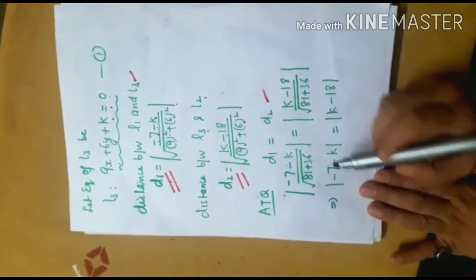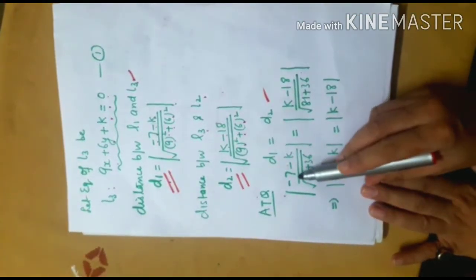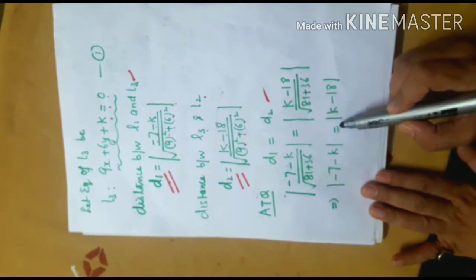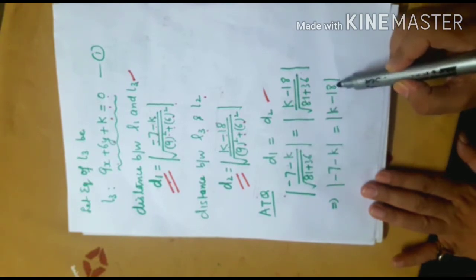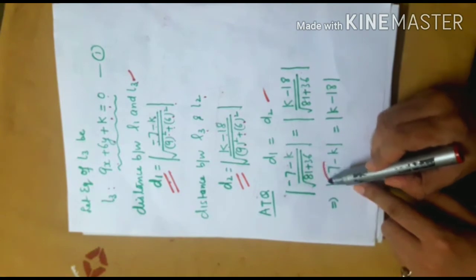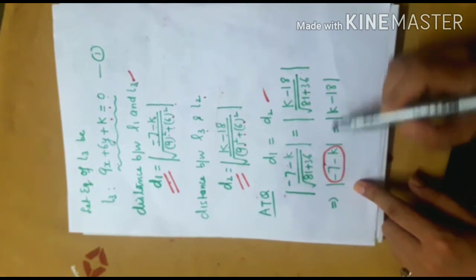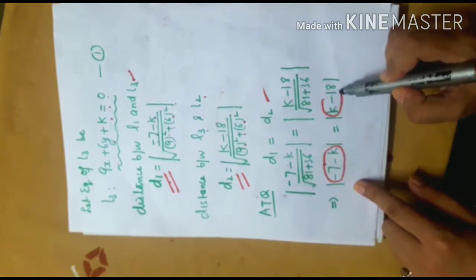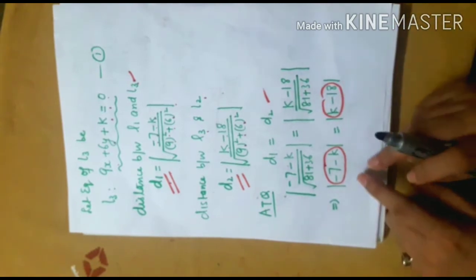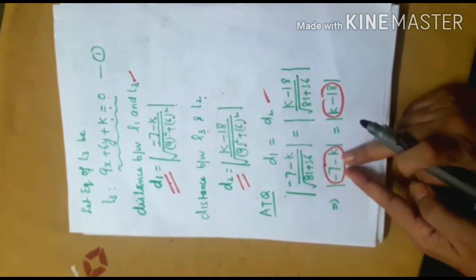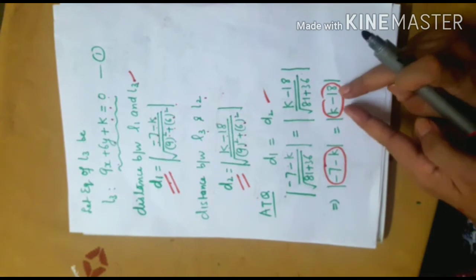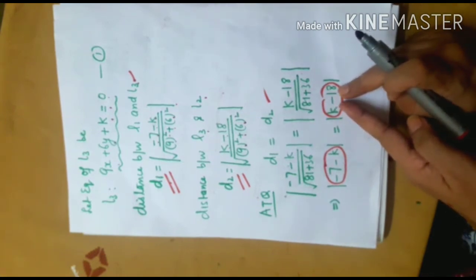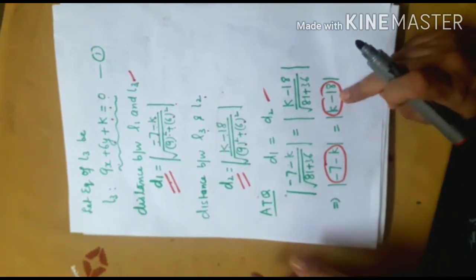So this will imply the absolute value of -7 - k will be equal to the absolute value of k - 18. Now the absolute value of this number is equal to the absolute value of this number, so this number will be equal to this number or it will be equal to the negative of this number.